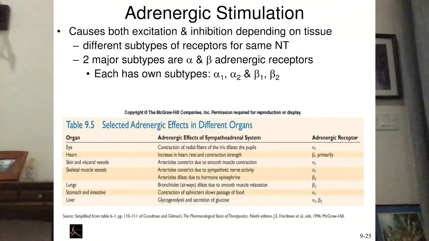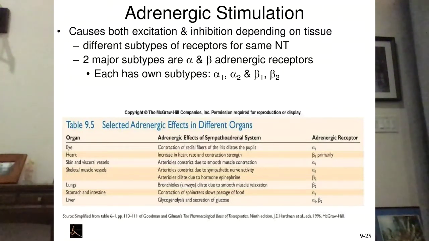You don't have to know all of those, but you should be aware that there are two different major subtypes called alpha and beta. And there you can see in the table the different responses you can get. I don't care that you know the specific responses that come out of alpha and beta subtype receptors, but I want you to know that that's why you can have either excitation or inhibition.